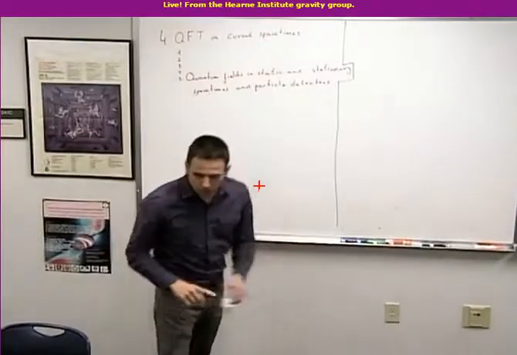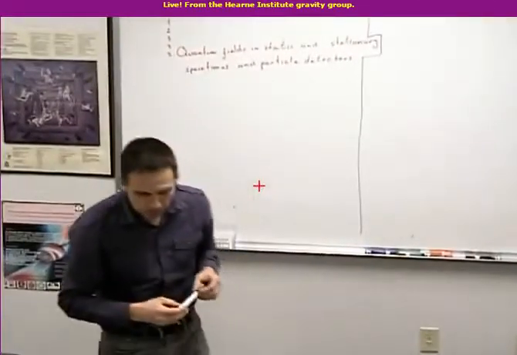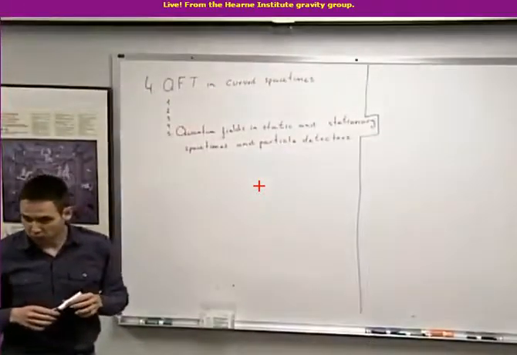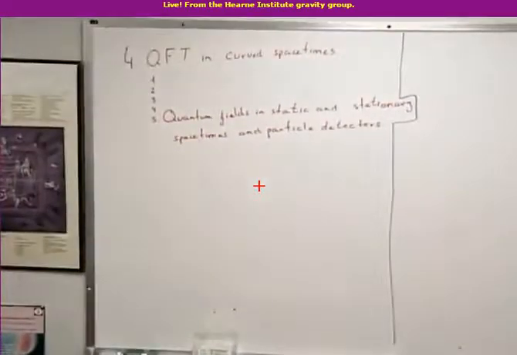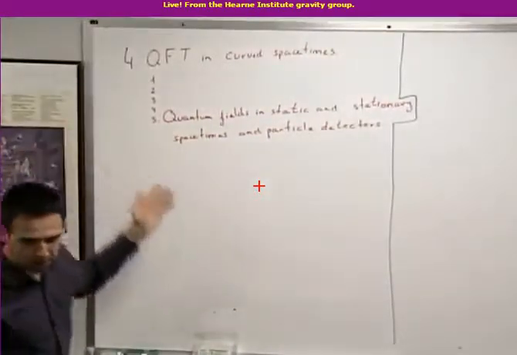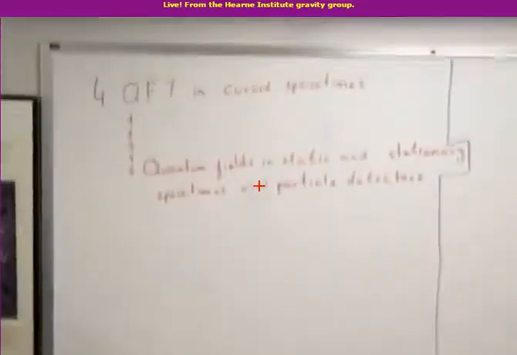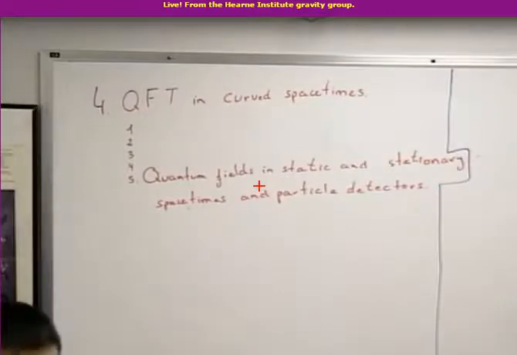So far we have described in some detail how quantum field theory in curved spacetime is formulated. We started with the classical theory, describing the important ingredients: a linear equation, a space of solutions, and a product defined on the space of solutions, this Klein-Gordon product.